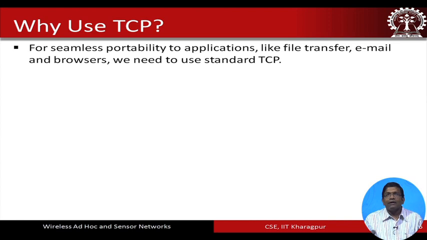TCP is typically the standard one that is used in the case of the internet, but we still want to run these applications, email, file transfer etc., in the case of MANETs as well, and that is why we need a new type of a modified TCP, a new TCP solution, not the old TCP for the internet, for use in MANETs.